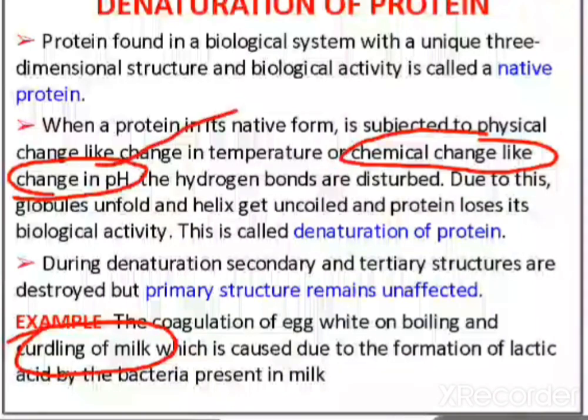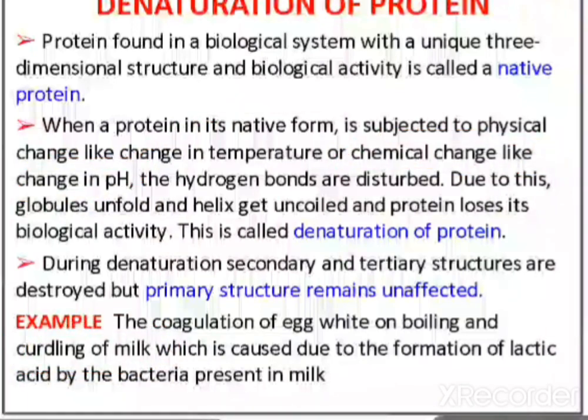So very simple: if you add acid or base or some other chemicals, or if you change the temperature, then the nature of protein will be changed. That change in nature is called denaturation of protein. Okay, got it?